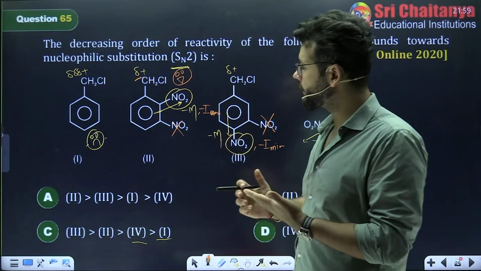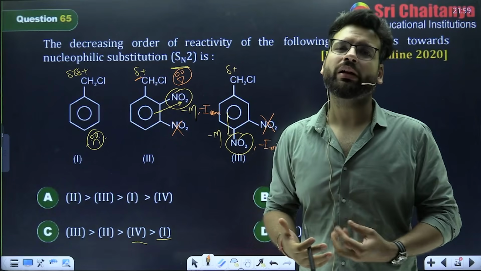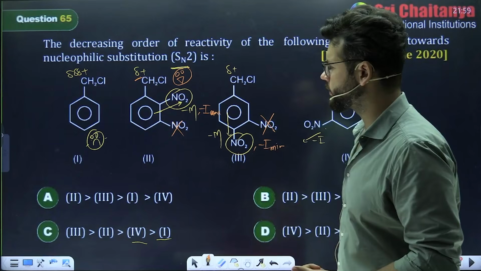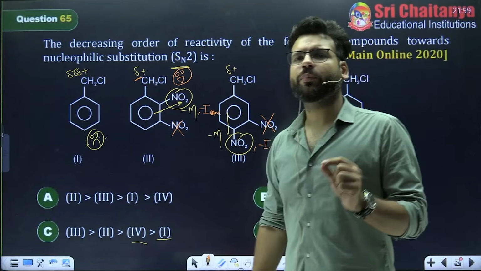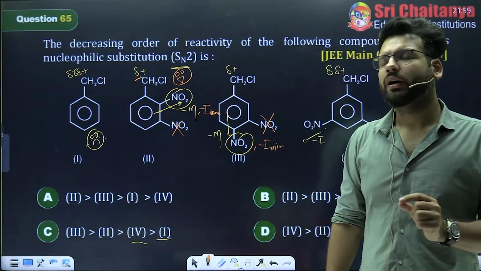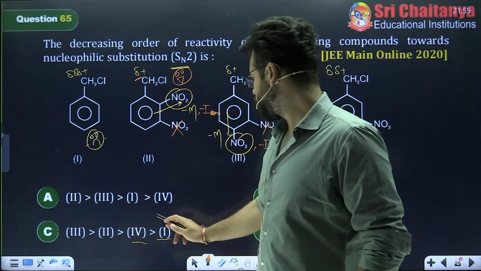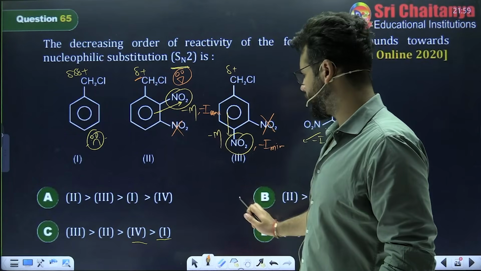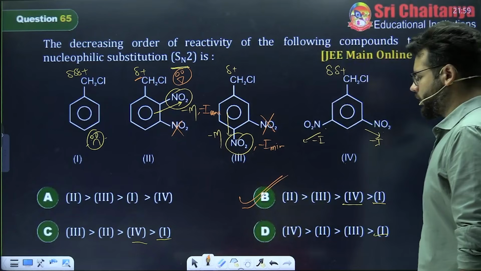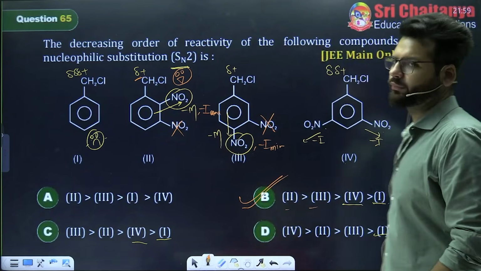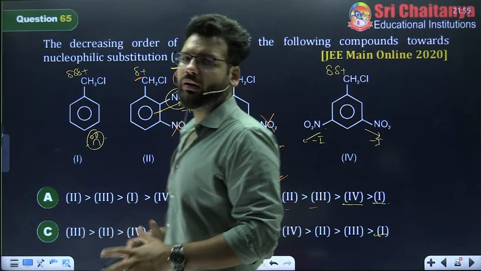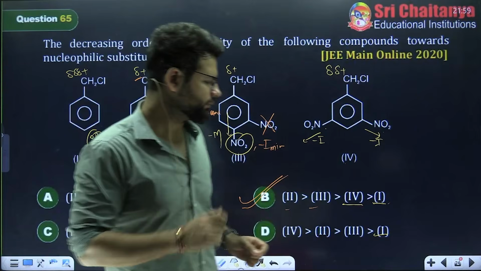So this is another tricky question where you had to see a little more depth. I just want to check the positive nature of the alpha carbon. This one seems to be most positive. So 2 will be more reactive than 3. 2, 3, 4, 1. So we have dealt with some trickier questions.